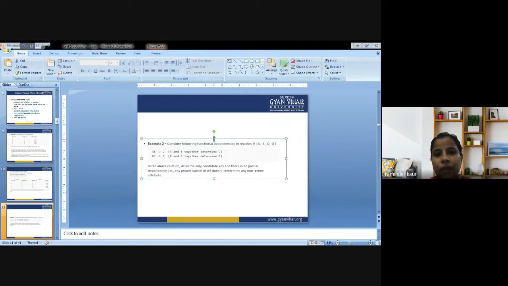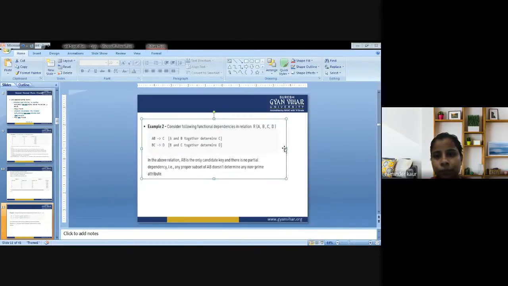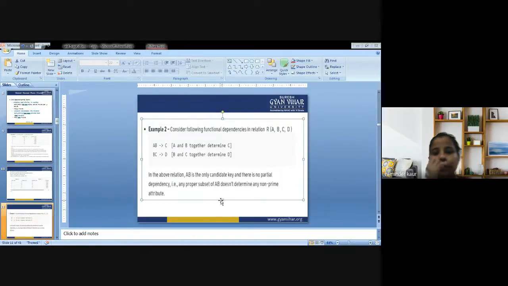I am just enlarging it. Now see another example. If you do not understand the first example, consider the following functional dependencies in a relation where four attributes are given, that is A, B, C and D.